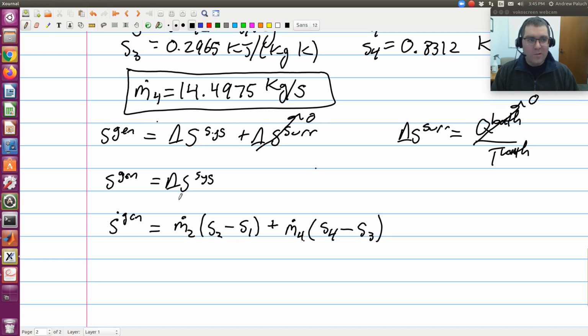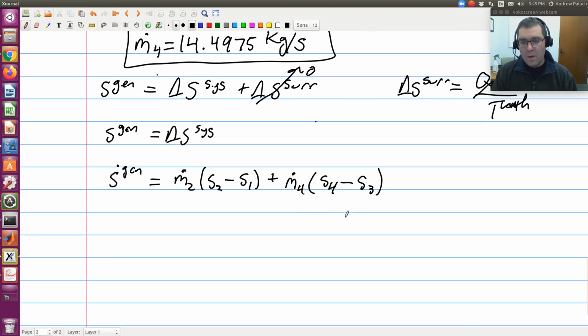Now I just need to extend this for an open system. So this is S dot gen, my extensive entropy generation per unit time, and we're accounting for my streams flowing in, in terms of S1 and S3, and out is S2 and S4. We have all of that information tabulated.